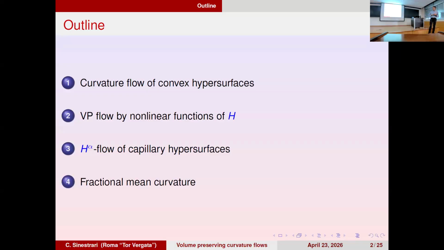And finally, I will mention a result on the fractional mean curvature flow. I will not give many details, but I will try to describe what fractional mean curvature is, and the few things that are known until now about the flow.